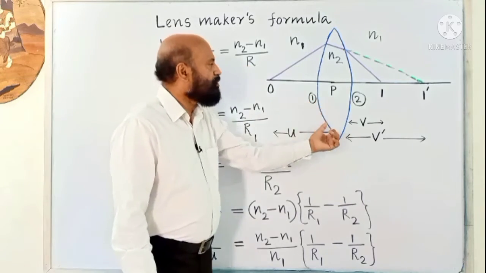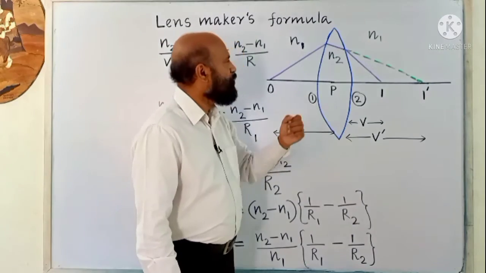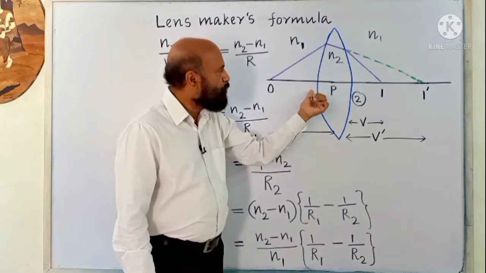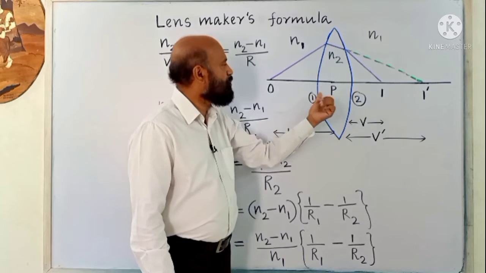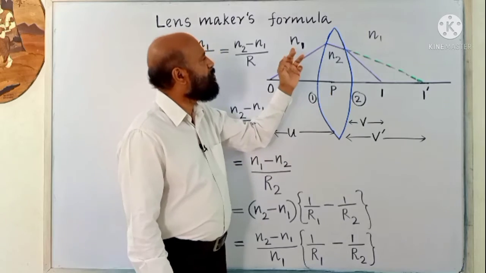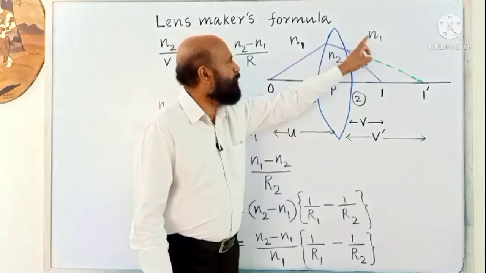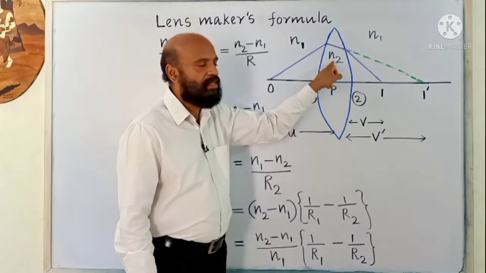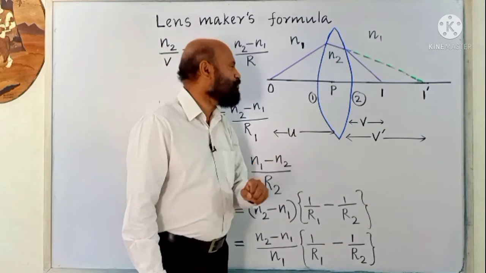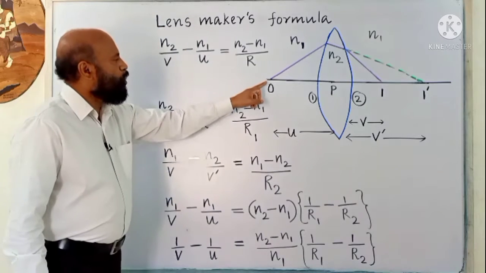Now here there is a lens. For a lens there are two spherical surfaces. The refractive index of the outer medium is N1 and inside it is N2. Here there is an object.